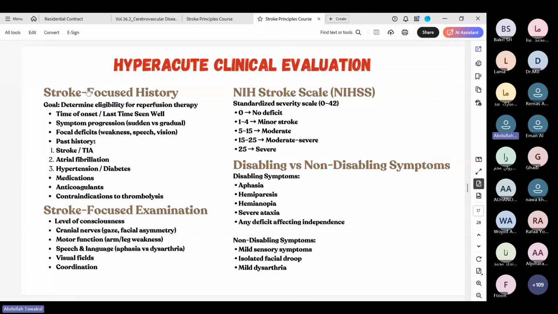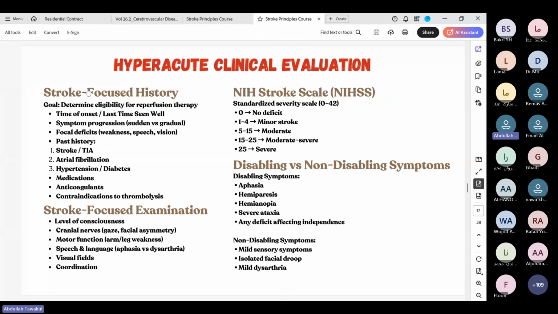Okay. If you did your CT angio and the CT angio showed large vessel occlusion, what would you do? TPA, mechanical thrombectomy. Okay. Mechanical thrombectomy.